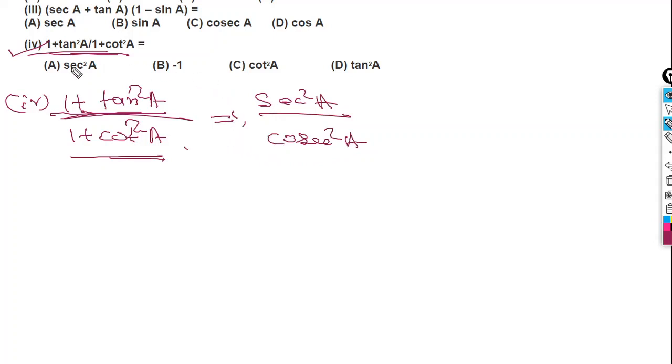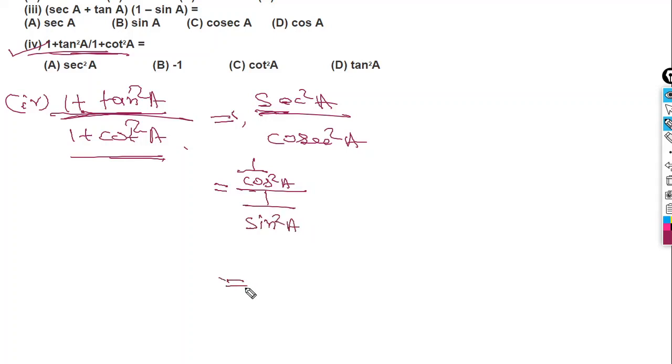But there is no such option like sec square a divided by cosec square a. So we'll convert sec square a into cos. So we can write 1 by cos square a. Sec theta is equal to 1 by cos theta, na. Therefore sec square a equal to 1 by cos square a, divided by cosec square a which will be 1 by sin square a.